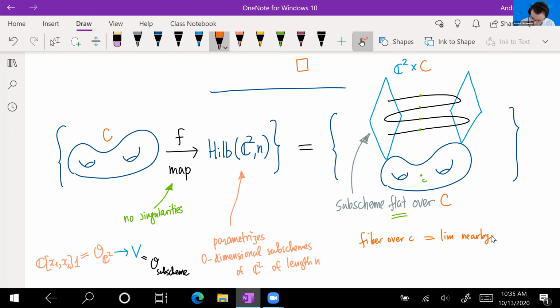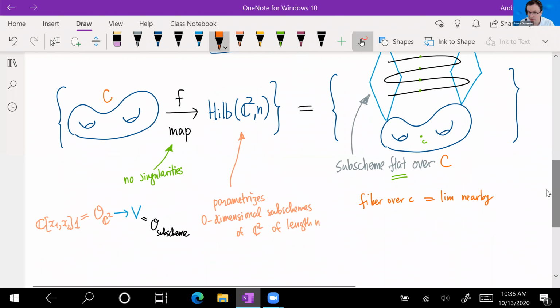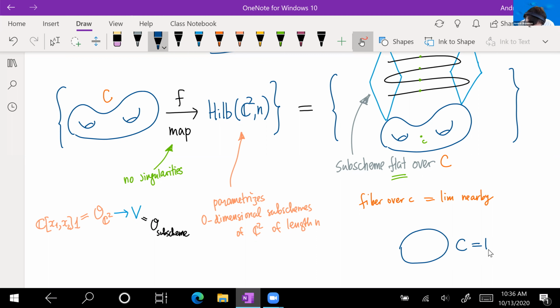And the easiest thing to convince yourself that this is indeed the case, like for example, we will be talking, for us the favorite curve C is just P1. I'll just draw P1, so maybe C is P1. And then on P1 we can use automorphisms of P1, for example, for torus localization.